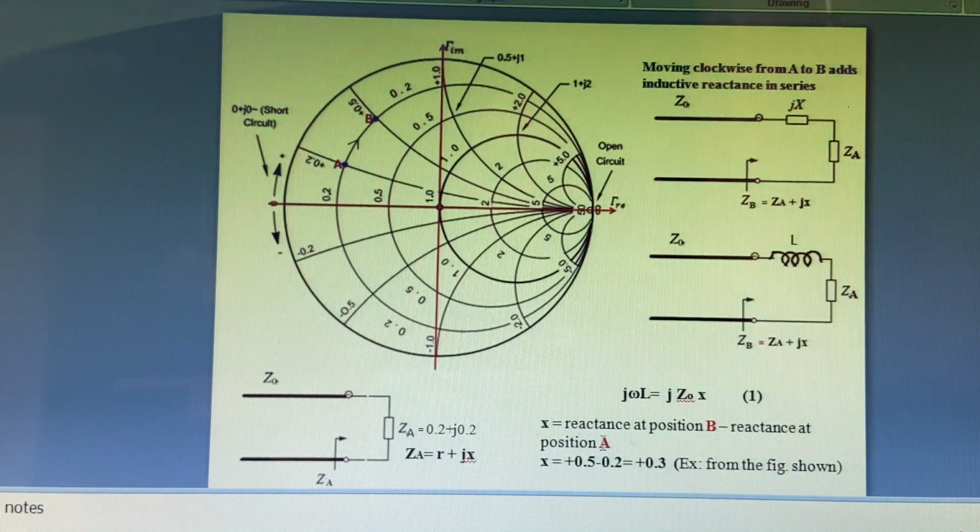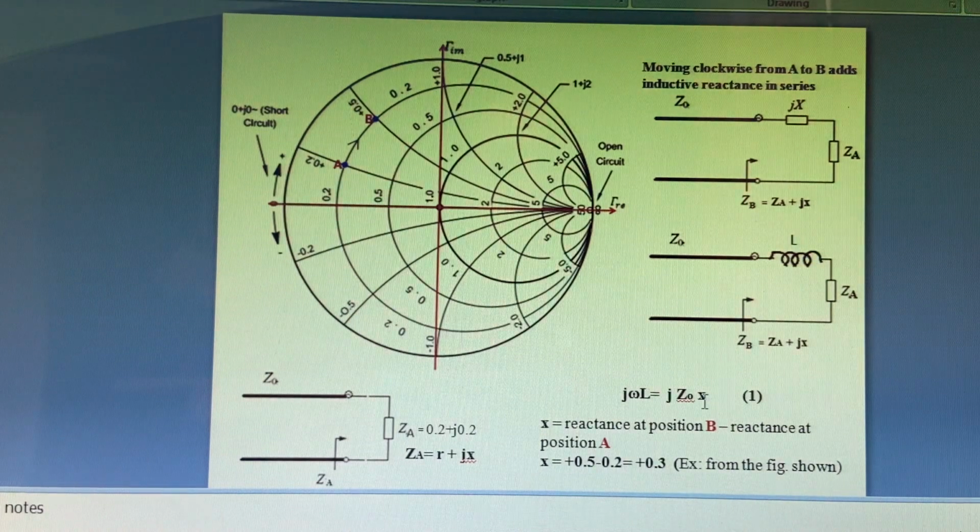This X value you should substitute in this equation and get the value of L, that is the inductor added in series. Like that, for any inductor value you can find it from the Smith chart.